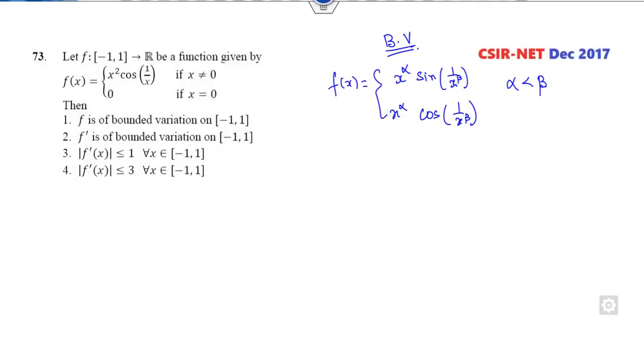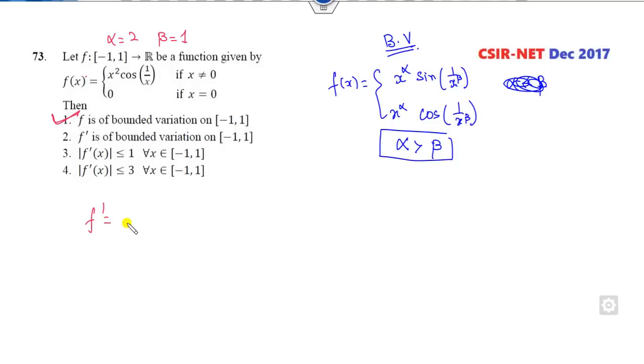So this is bounded if alpha is greater than beta. If you compare them, alpha is 2, beta is 1, either sine or cosine, that's a simple rule. So 2 is greater than 1, so f is bounded variation. F dash is a bounded variation.